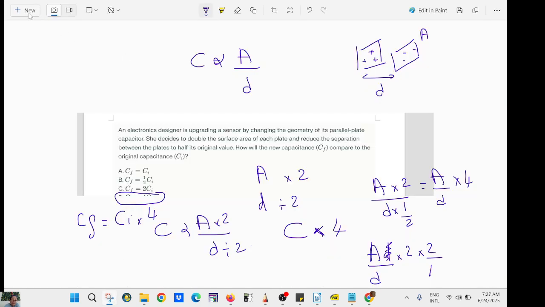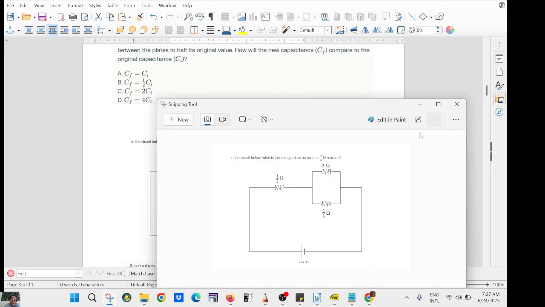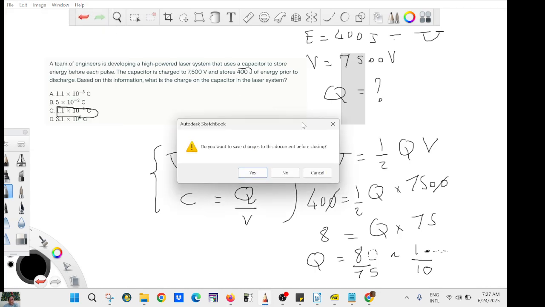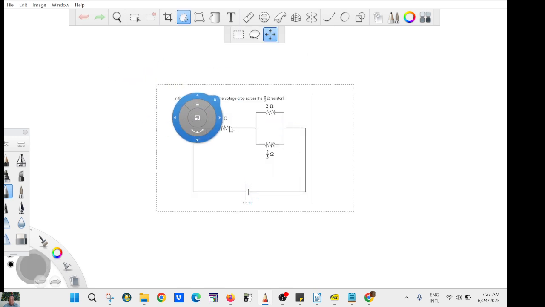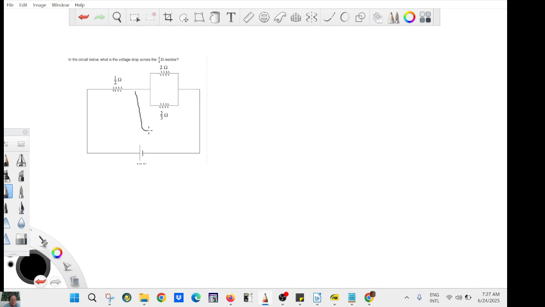And the voltage is 10 volts. So you want to find the voltage here. And this is 10 volts.